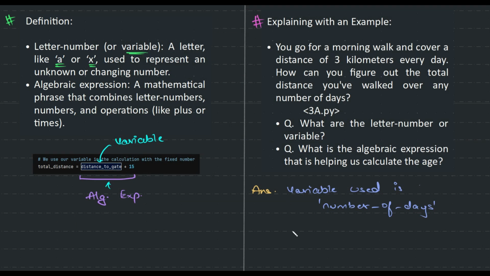And the algebraic expression is number of days into 3, sorry, not 2.25. For this question, it's 3. So this is the algebraic expression that helped me calculate.